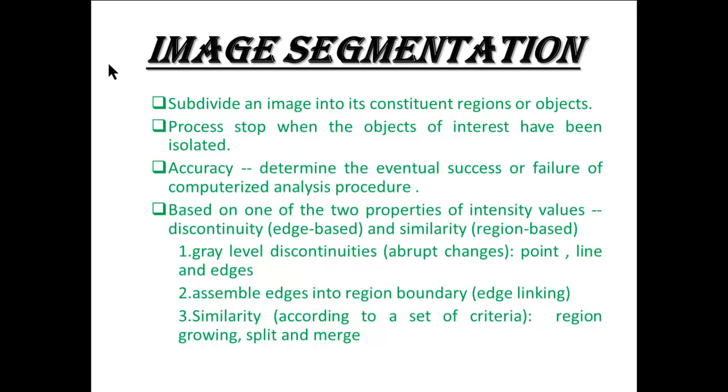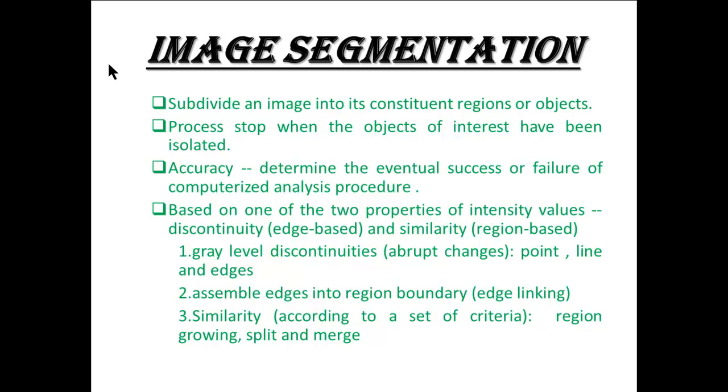It is based on one of two properties of intensity values: discontinuity, which is edge-based, and similarity, which is region-based. A gray-level discontinuity means abrupt changes: points, lines, and edges.